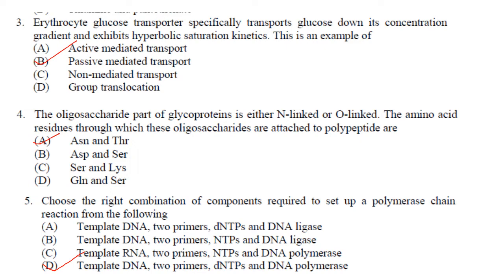So option A and B can be eliminated, so C and D. C is template RNA, 2 primers, NTPs and DNA polymerase. You require dNTPs, not NTPs. So option D, template DNA, 2 primers, dNTPs and DNA polymerase. So option D is correct.